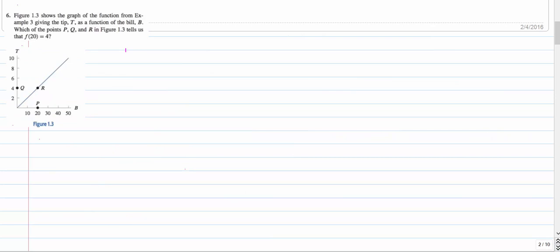This figure shows the graph of the function from example 3 in your book, given the tip is a function of the bill B. Which of the points P, Q, R tells us f of 20 is?